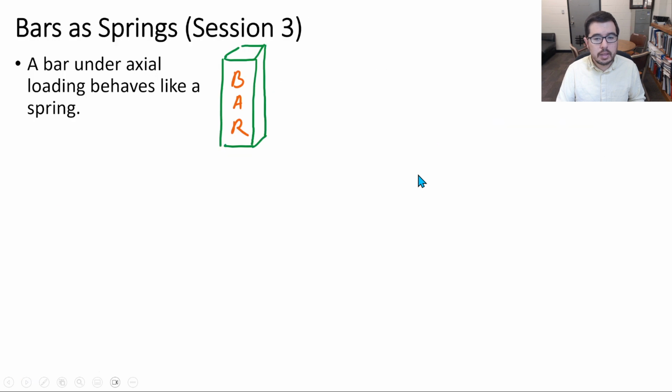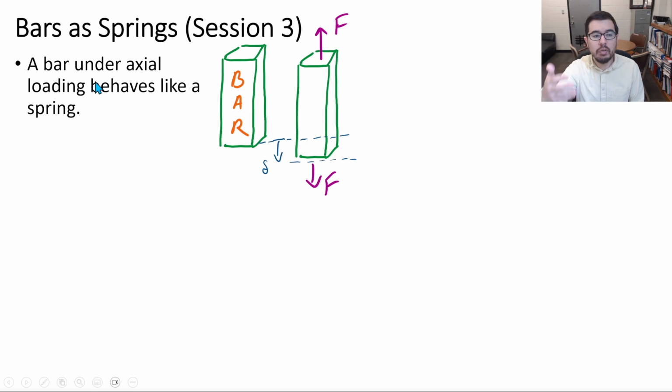And this treatment of springs, or treating a structure as a spring, should be familiar because we did this with bars. We treated them as springs. In fact, before we knew what an elastic modulus was, and the K equals EA over L formula, right?